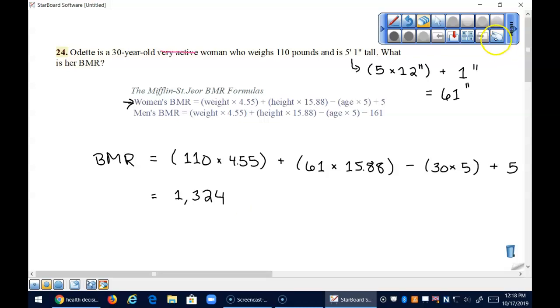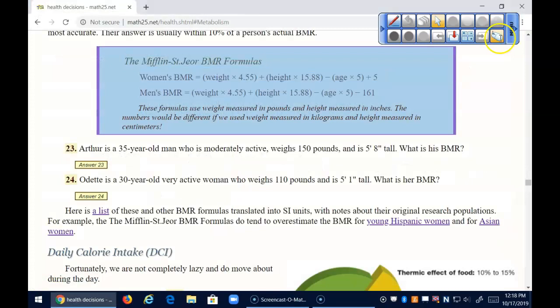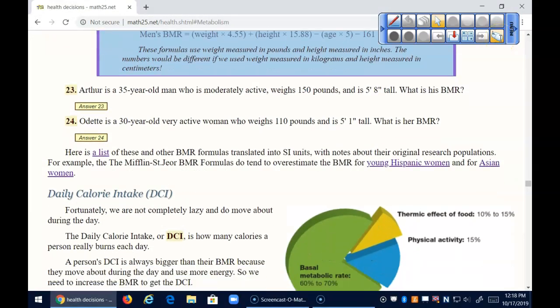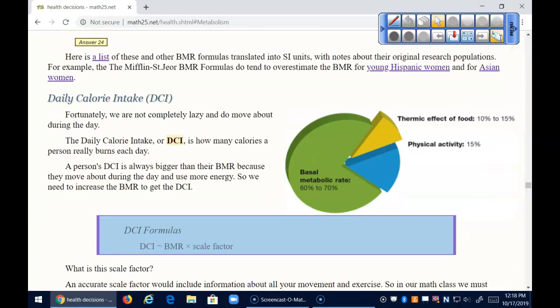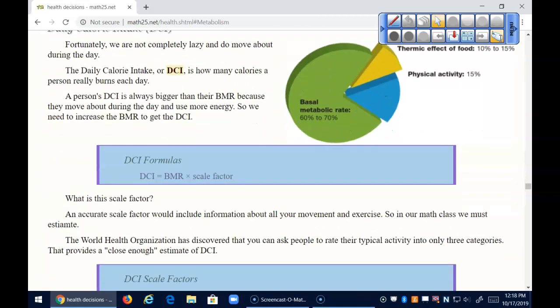Now let's get to the DCI that you actually asked about. So she burns energy for these reasons too. That her activity is making her burn more energy, and the actual burning up of food and metabolizing it takes energy too. And those are smaller than the BMR. We're not going to double this number usually, sometimes.